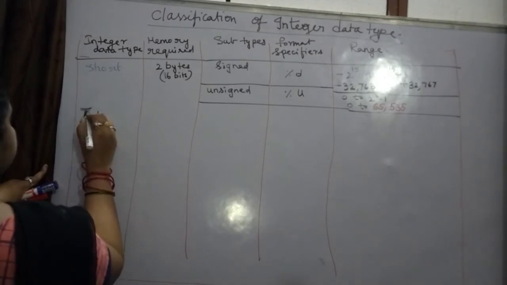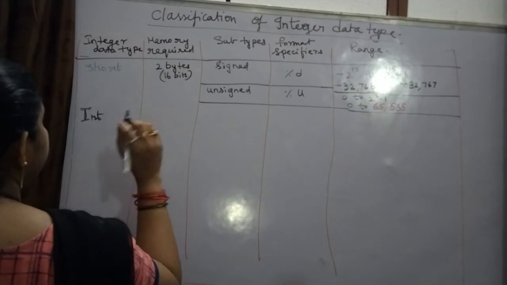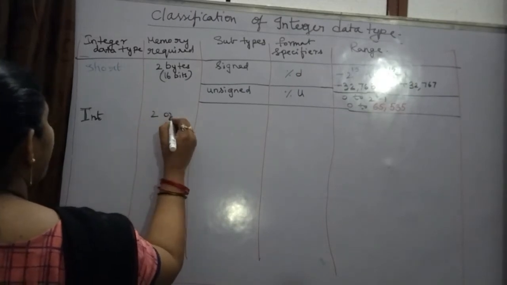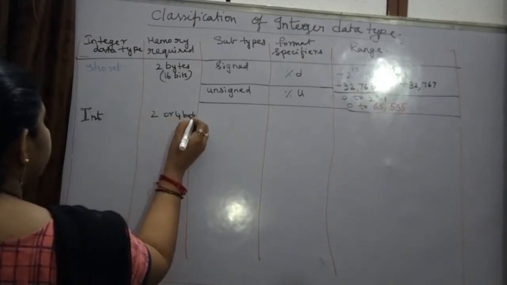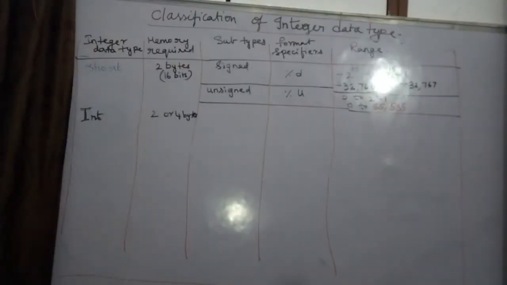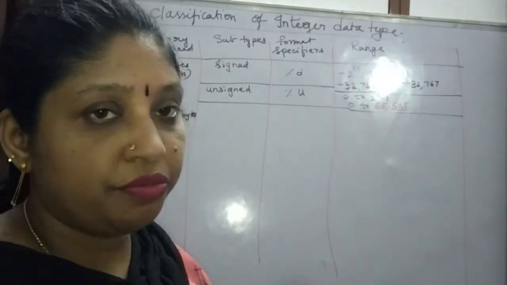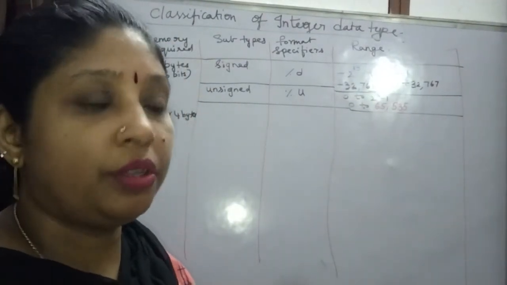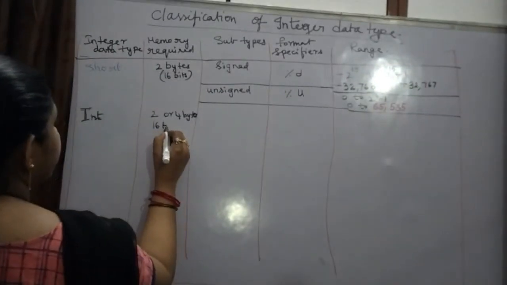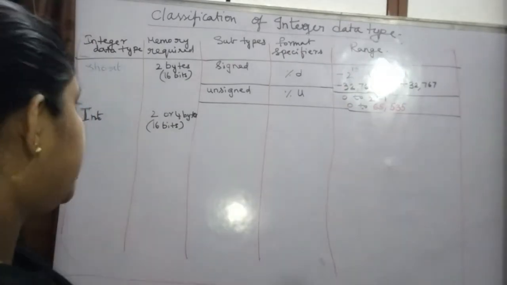Now for this int, it will take either 2 bytes or 4 bytes of memory, depending on the compiler. But we are going to calculate for only 2 bytes here, that is, 16 bits of memory.